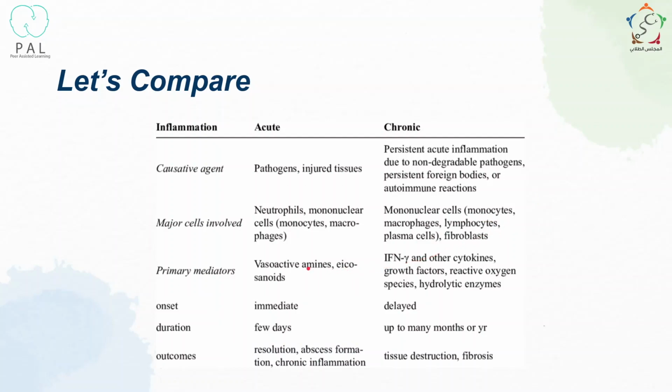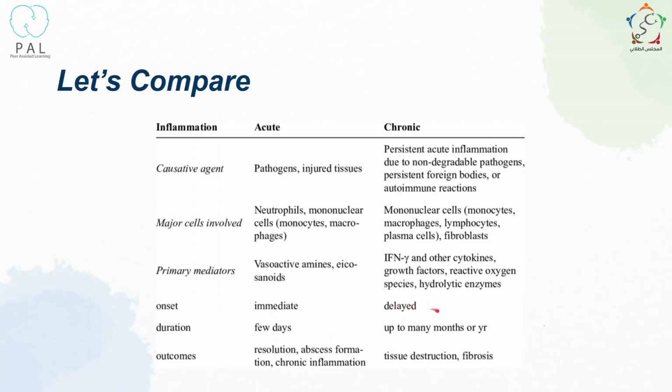The primary mediators in acute inflammation, as I said before, acute inflammation is characterized by edema and vascular changes, so there are vasoactive amines that cause vasodilation, for example. However, in chronic inflammation, interferon gamma, for example, is very prominent because it's what stimulates or activates macrophages. The onset is immediate. Onset means it begins suddenly in acute inflammation.